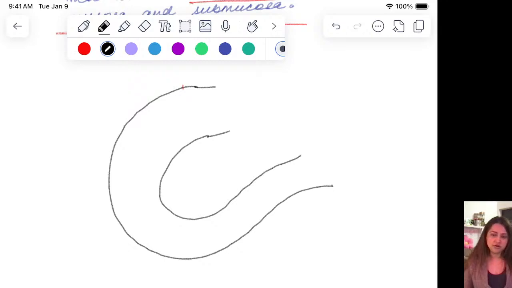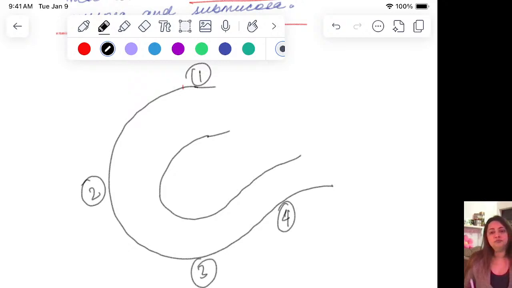Anyone? It's very easy. There are 4 parts. So number 1, number 2, number 3, and number 4.